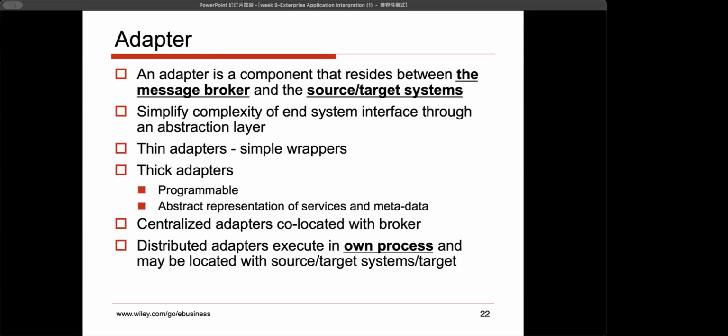Thick adapters are programmable, with an abstract representation of service and metadata. Centralized adapters are co-located with the broker. Distributed adapters execute in their own process and may be located with source or target systems.